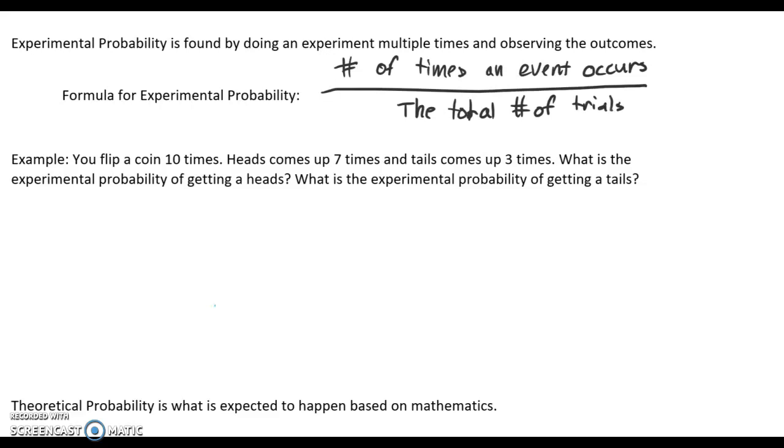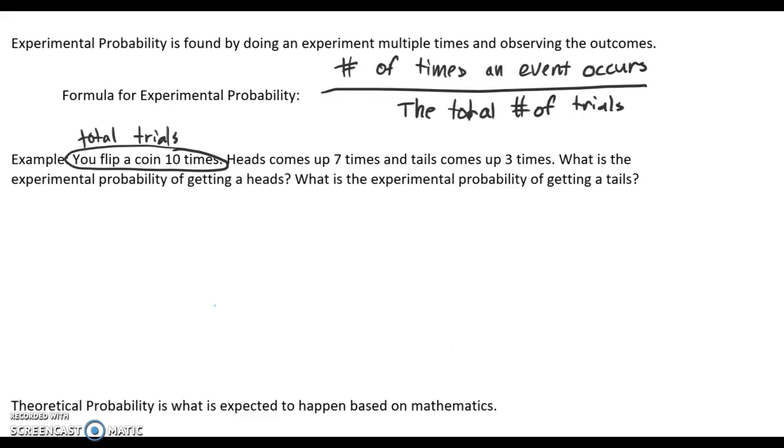So in this case, we flipped the coin 10 times. So this number right here, this piece of information, is our total trials. That's how many times we performed this experiment. During the experiment, heads came up 7 times and tails came up 3 times.